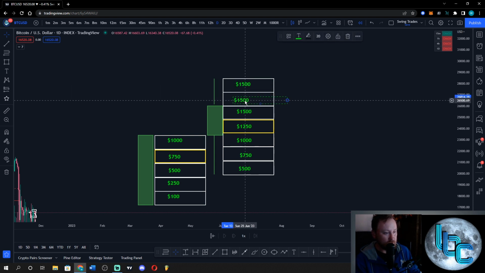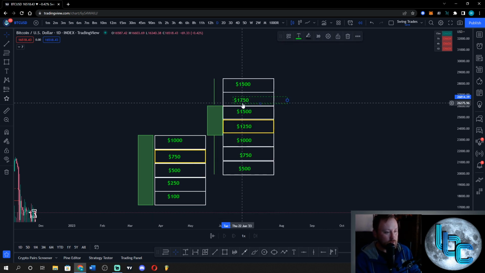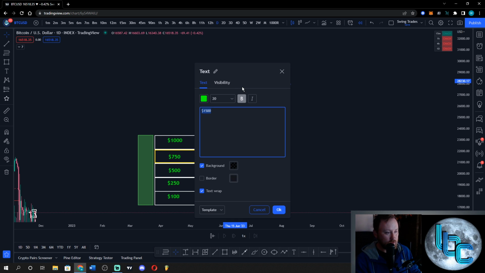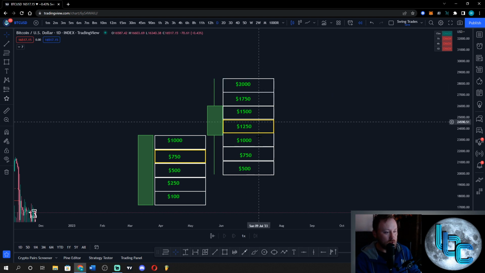So this would be $1,750, and then we will do $2,000. Now, $2,000, maybe we see this wick here and we're thinking, okay, we've got our point of control up here. We just hit $2,000. This is a 100% increase from $1,000 to $2,000.